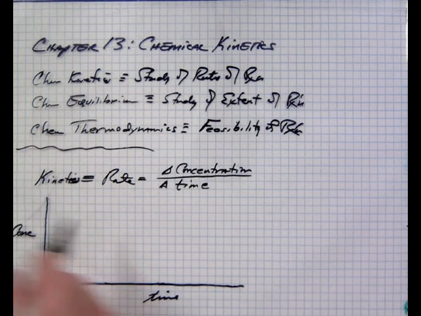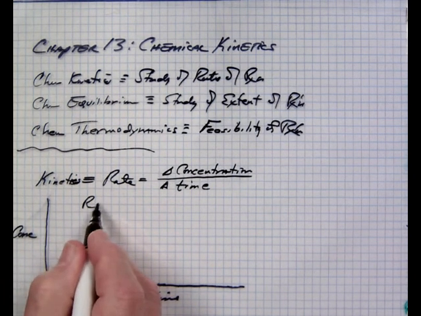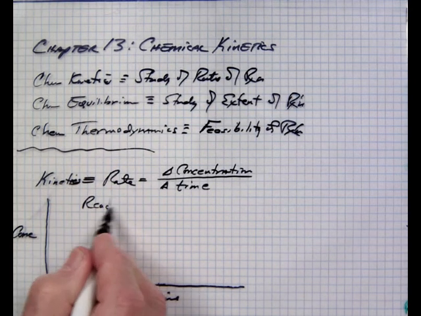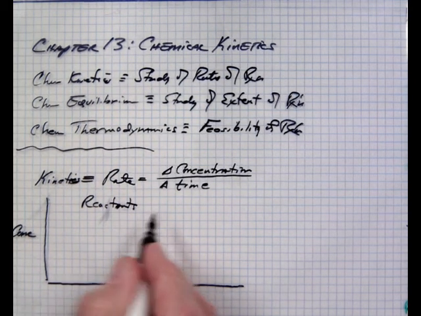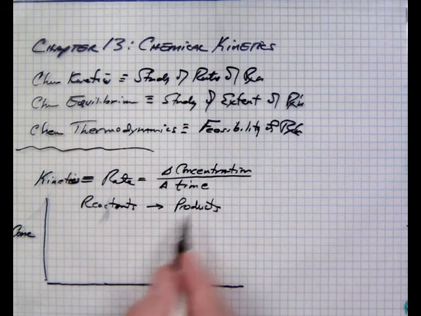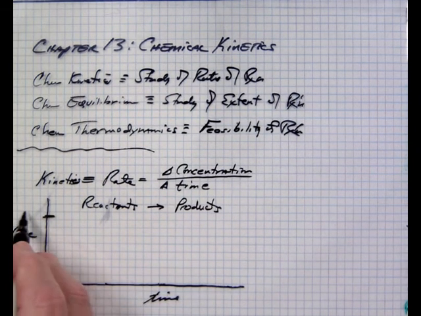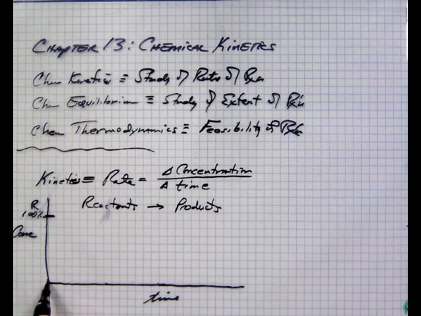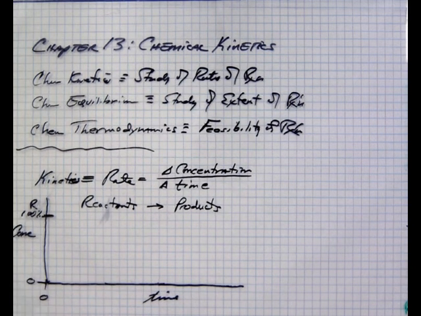We find that a given reaction, going from reactants to product, starts 100% reactant and 0% products as we start a reaction.